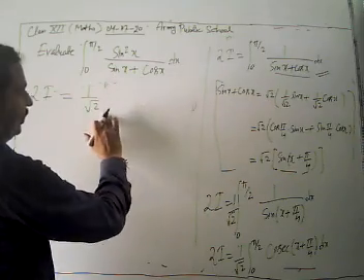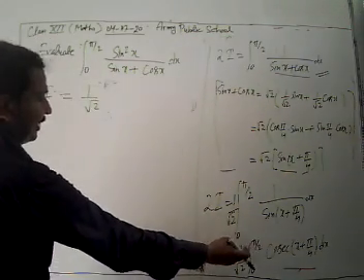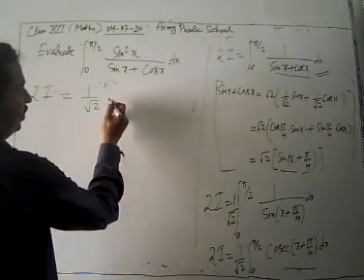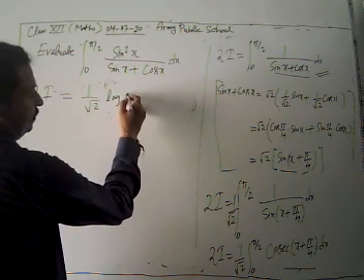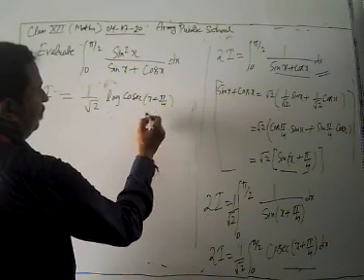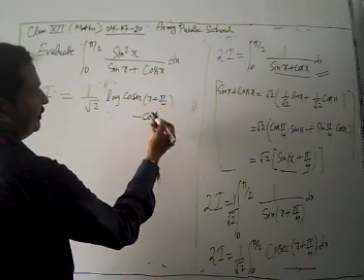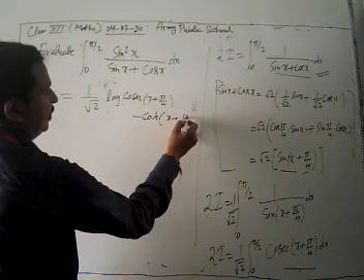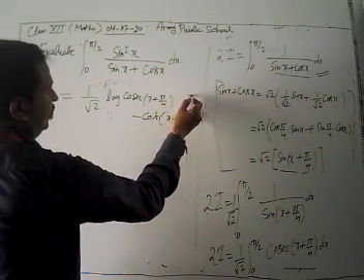We are just going to integrate it. What is the integration of cosec x? It's log of cosec(x plus pi by 4) minus cot(x plus pi by 4).